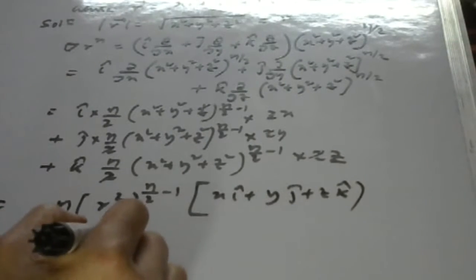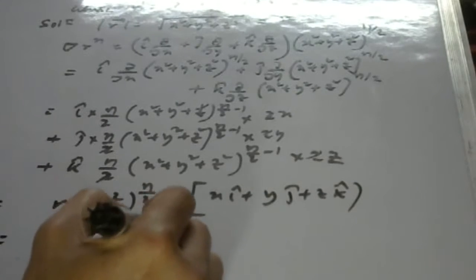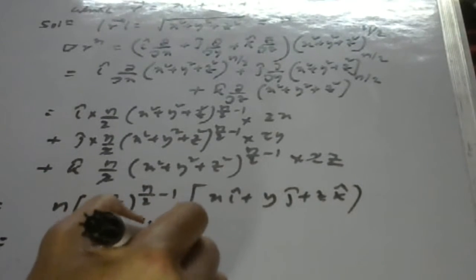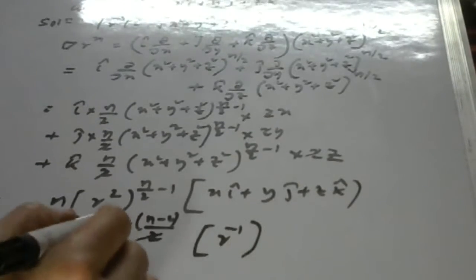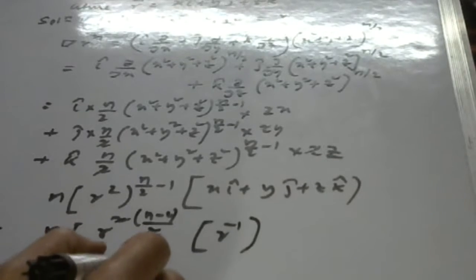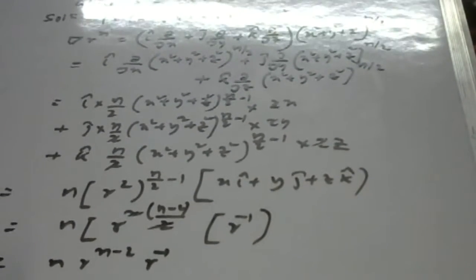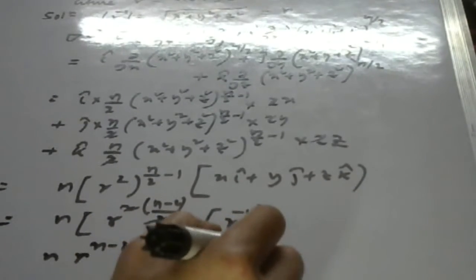Taking r square, we take the LCM, n minus 2 divided by 2, times r vector. The 2 goes out, and we get n r to the power n minus 2 r vector, which we had to prove. This is equal to the right hand side, hence proved.